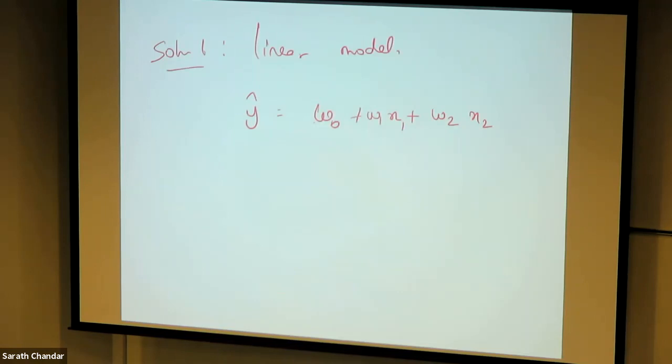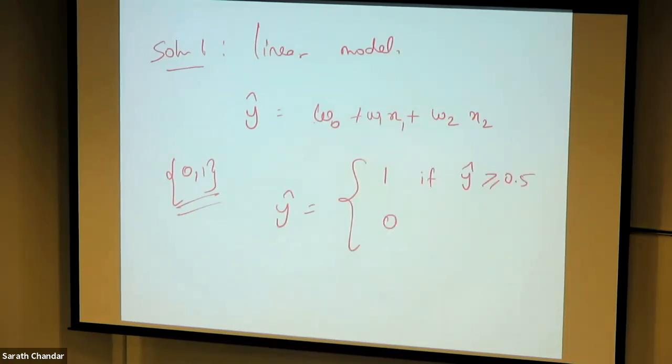It could be any number, so I need some thresholding to decide which class it belongs to. For 0, 1 classification, my predicted class is going to be 1 if y hat is greater than or equal to 0.5, and 0 if y hat is less than 0.5. What I have done here is take a model that I already knew, linear regression, and repurpose it with just one extra condition on top of it.